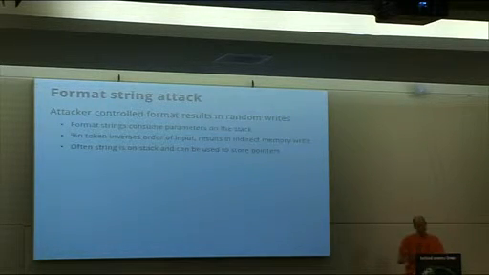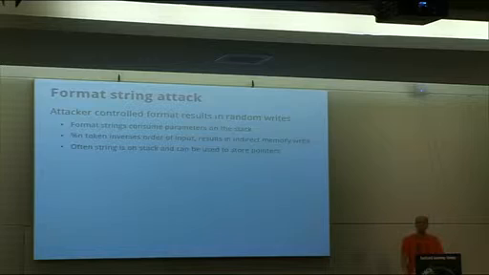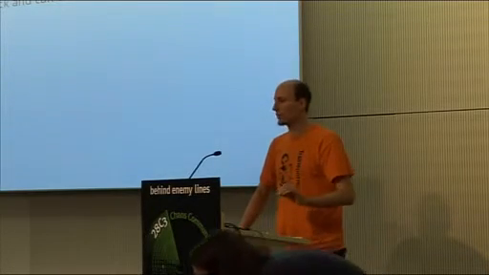So we now redirect the output, and we no longer consume values from the stack, but we write to a specific location somewhere in memory, and we can control that location. So if the string is on the stack, we can also use the same string to store pointers and basically write any data anywhere to memory if we construct the string carefully.